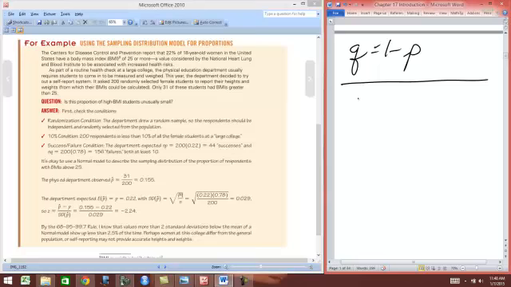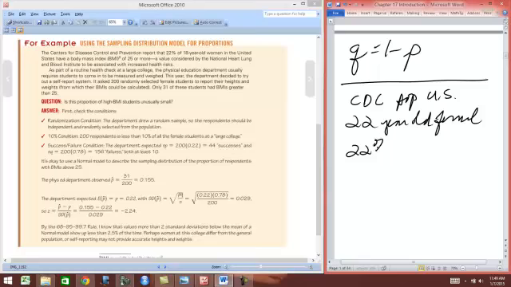So the CDC says for the population of U.S. 22-year-old females, okay, for that population, 22% have BMI 25 or more.